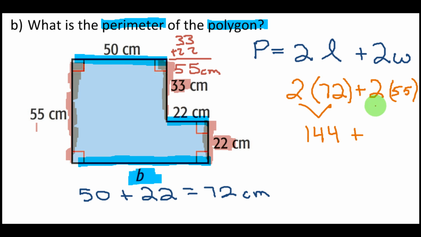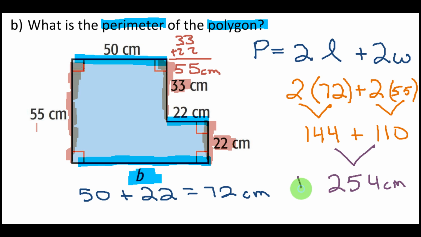We're going to add that to 2 times 55, which gives us 110 in this case. When you add both values together, you should get a value of 254. Don't forget your units, centimeters. So the perimeter in this case is equal to 254 centimeters. Cool stuff.